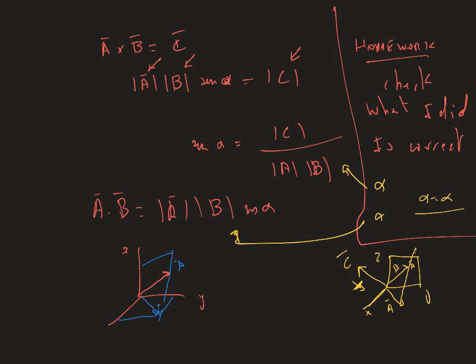Difficult to draw the plane, but C will go perpendicular to the plane. So A cross B, this is A and this is B, I said. A cross B will go perpendicular to the plane, but it depends. If this is A and this is B, it will go down. So A cross B will rotate and will go in a vector like this, C, going down.